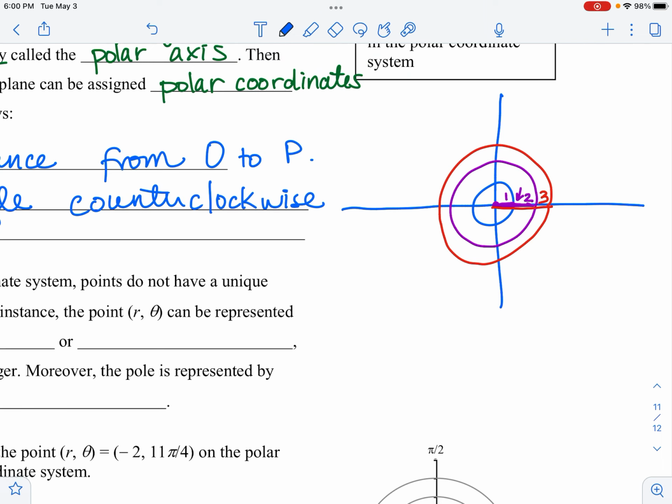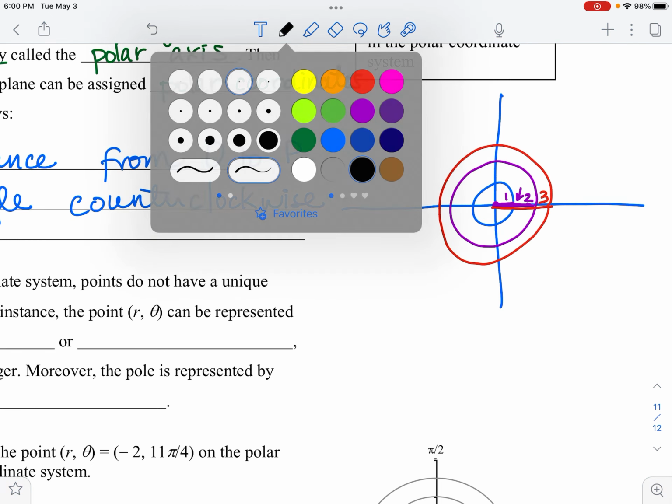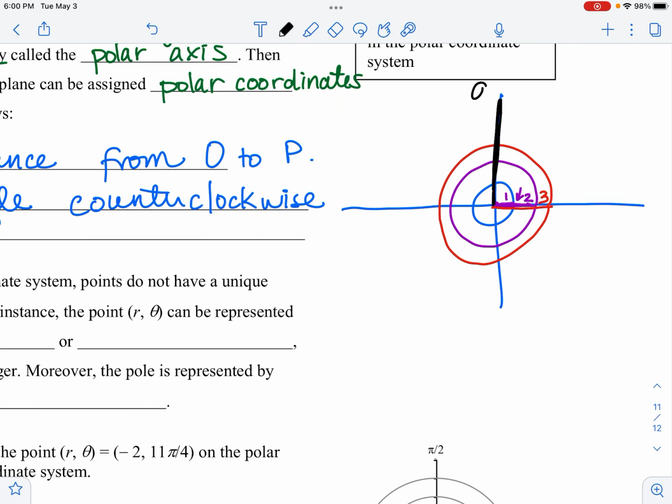So for example, I know that 90 degrees is right here. So this point on the grid we'd call r is 1, comma, theta would be 90 degrees, or we could call that 1, comma, pi over 2, because that's the same as 90 degrees.